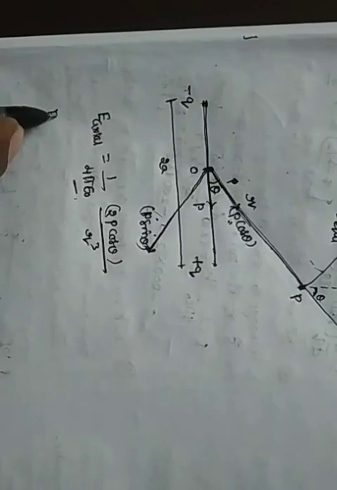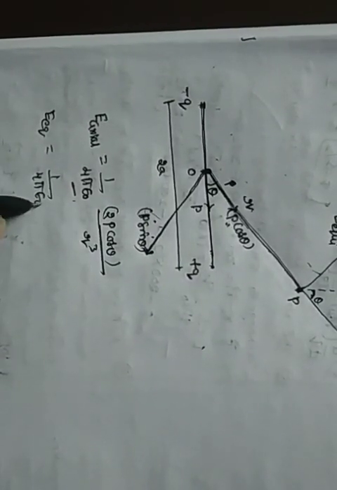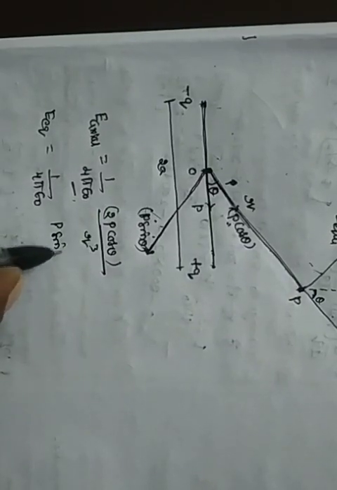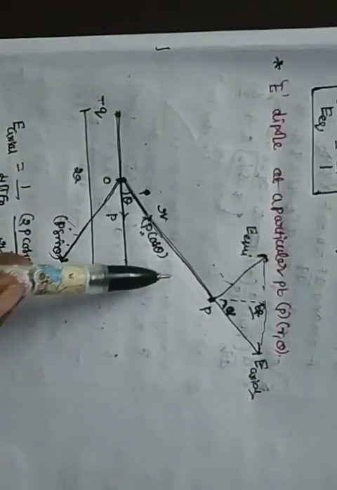Now for the equatorial line, 1 by 4 pi epsilon naught, instead of p, p sin theta is present. Now this resultant is making an angle alpha here. How are they in the diagram, perpendicular or not?